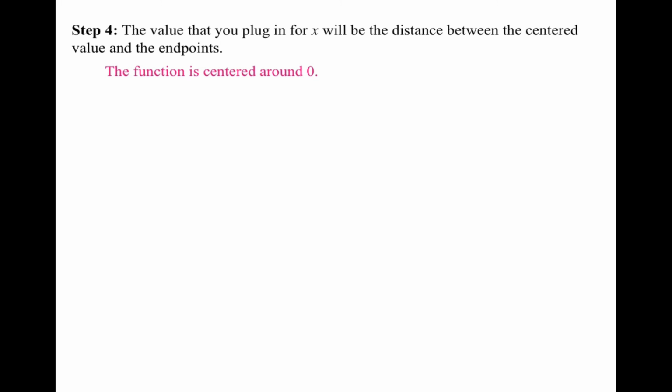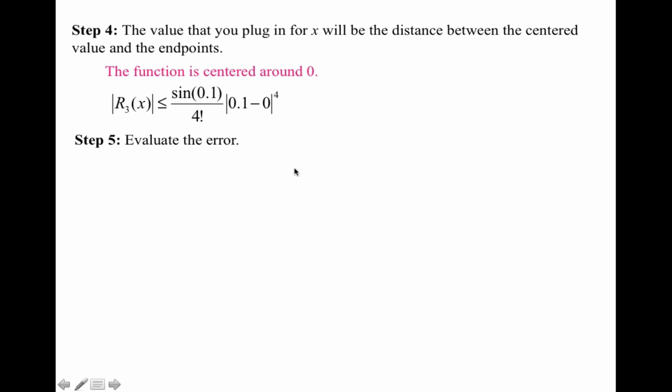This function is centered around 0 because we have a Maclaurin polynomial. So that means that I have sine of 0.01 over 4 factorial times the absolute value of the value that I'm using for a, which is 0.1, minus my center point, which is 0, to the 4th power.